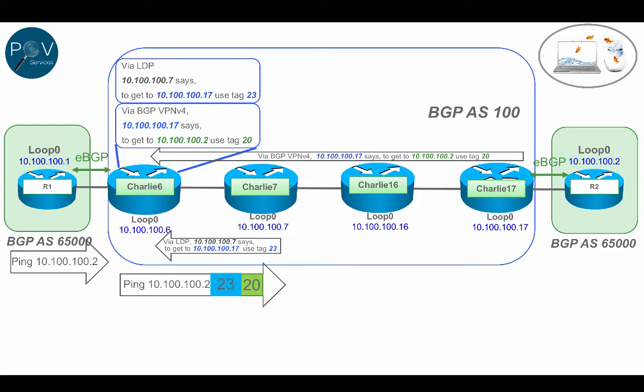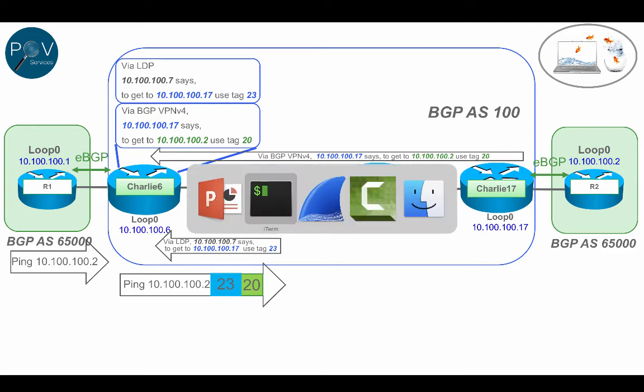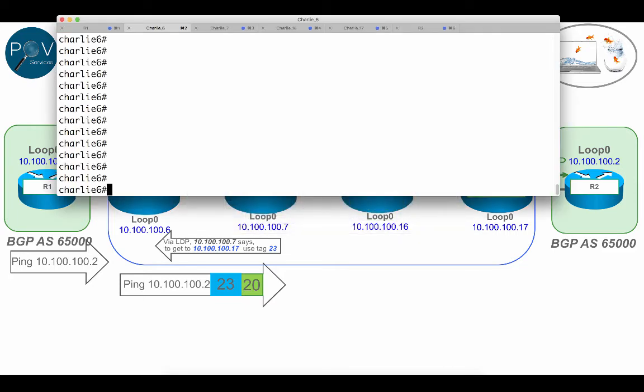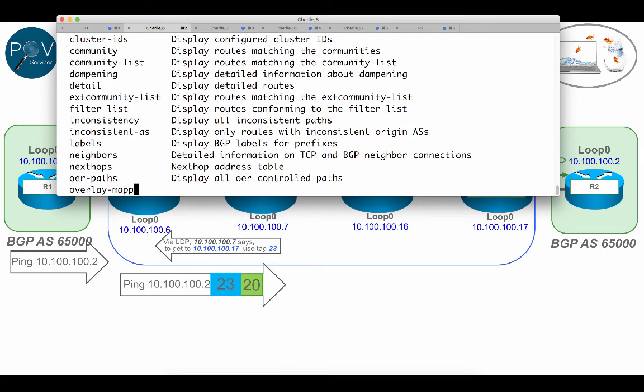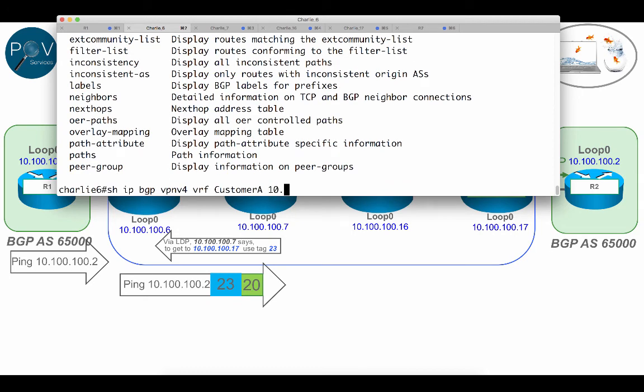Now let's see if we can actually find that in Charlie6. So let's go to Charlie6. And I actually have some commands already in here. So I'm going to do a show ip bgp vpnv4 vrf Customer A, and I'm going to specifically ask for 10.100.100.2.